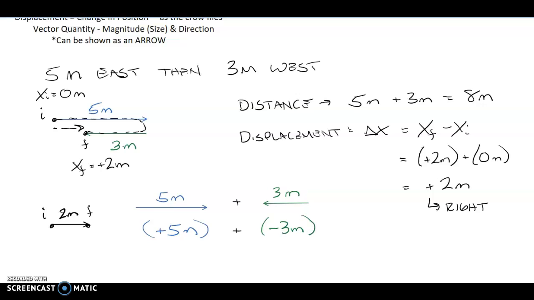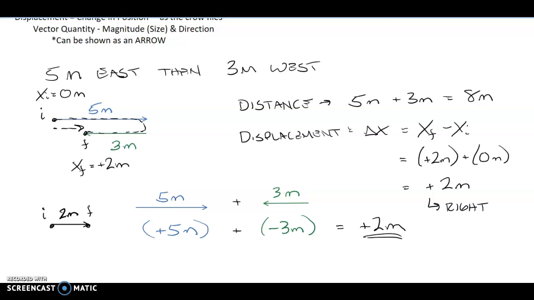And when I add +5 and -3, I get +2 meters of total displacement. Okay, so we have a lot of different ways to look at this. I think drawing a picture and showing it graphically, as I did here, gives you a really good sense of what that displacement would be. Now, I can move up and down, and the same thing would come into play.